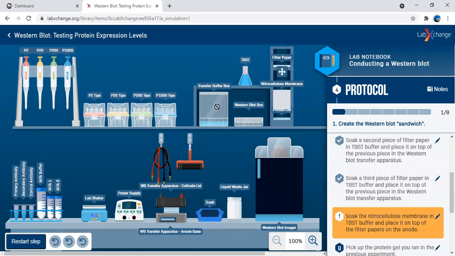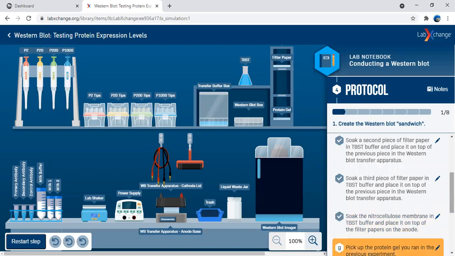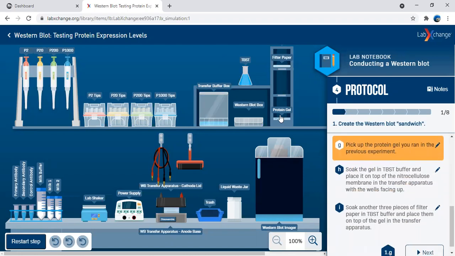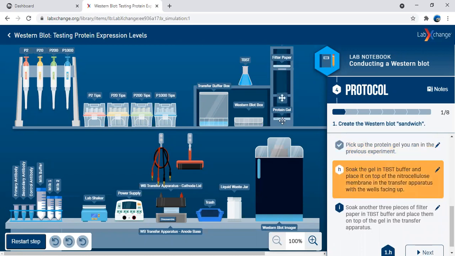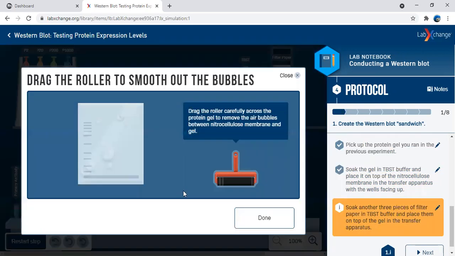Now we'll do the nitrocellulose membrane, and the protein gel as well. Okay, drag the roller to remove the bubbles. And that's it.